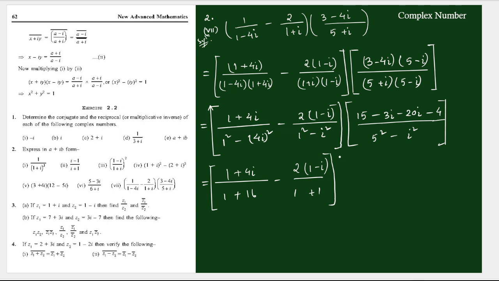Here we can cancel. So there will be 25, minus into minus is 1 plus 1. Now see, 15 minus 4 is how much? 11. Then this is how much? 3, 20, 23i.